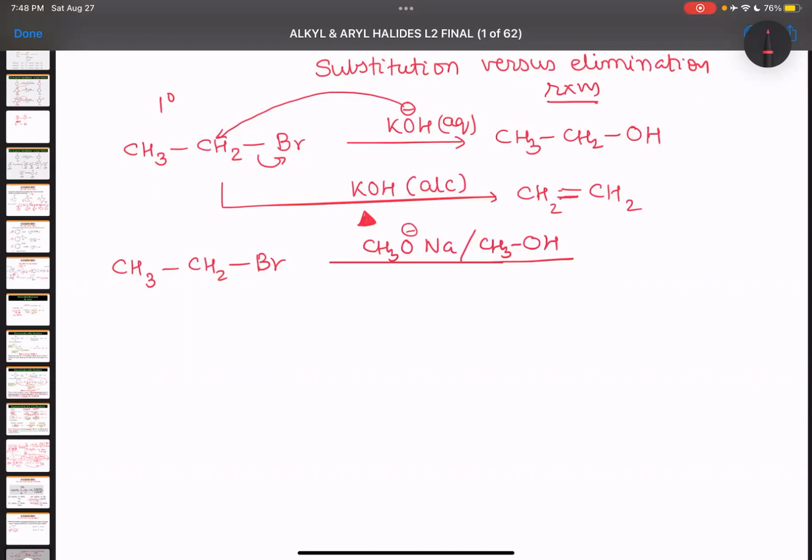What's going to be the answer to this problem? Whether it is going to be an elimination or a substitution reaction.